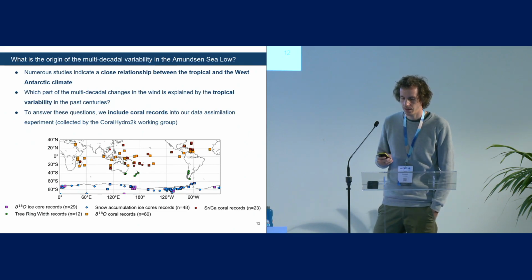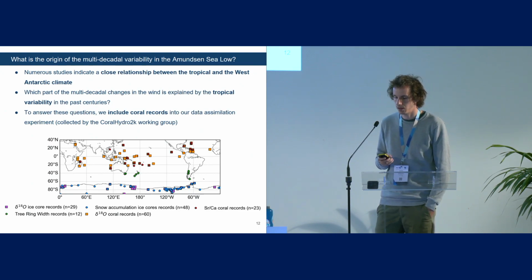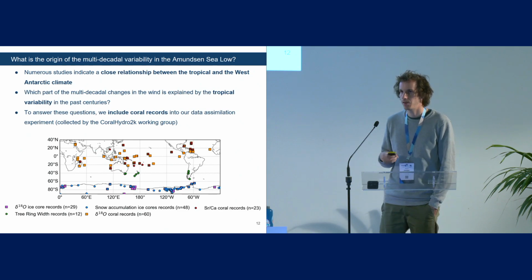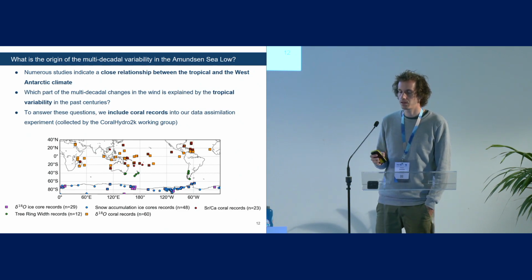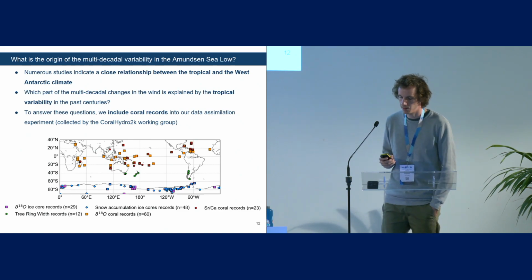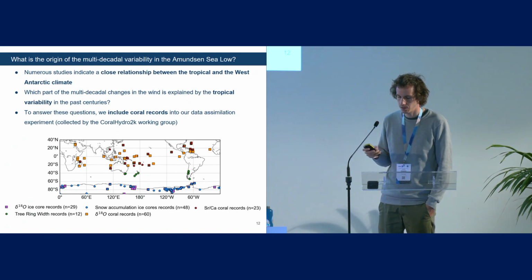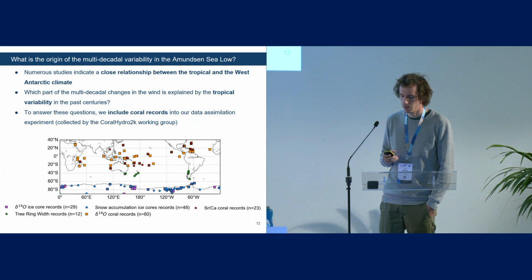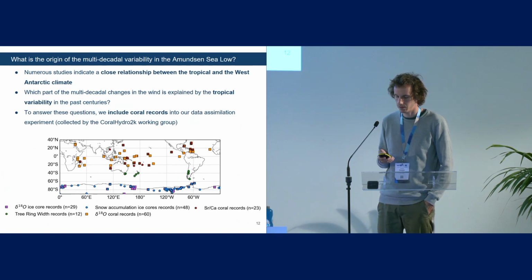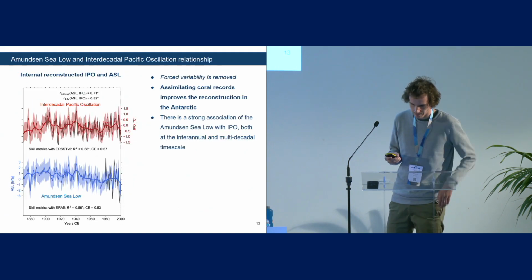Thanks to a strong effort of the PAGES 2k working group, in particular the CoralHydro2k, we have a lot of information from the tropics. We have more than 80 records, especially in the Pacific, so it's very useful for us to understand the impact of tropical variability on the West Antarctic climate.